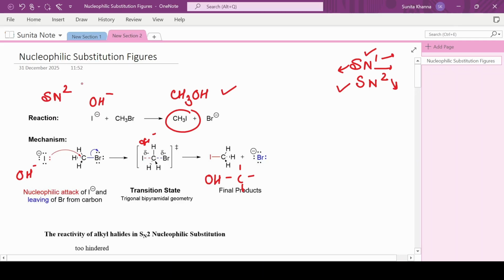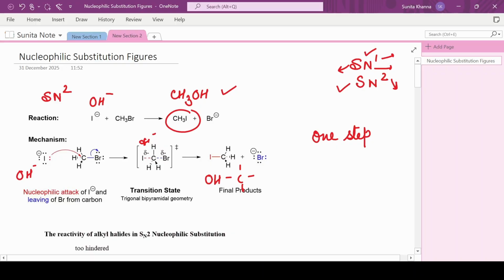bimolecular nucleophilic substitution reaction. This reaction takes place in one step. This SN2 is taking place in one step, and in this one step the two reactants, two molecules, are affecting the rate of reaction.